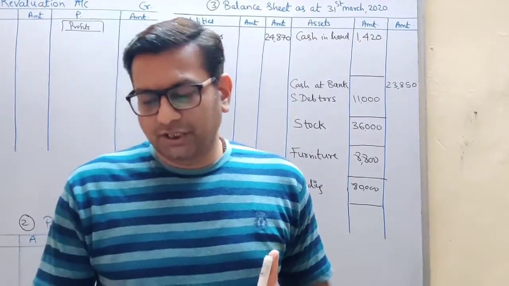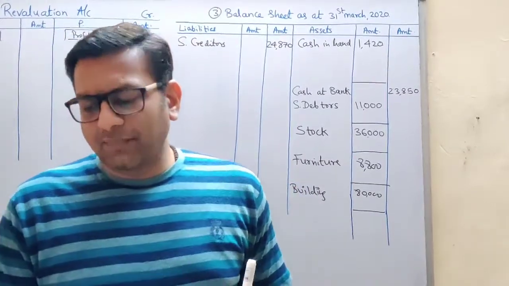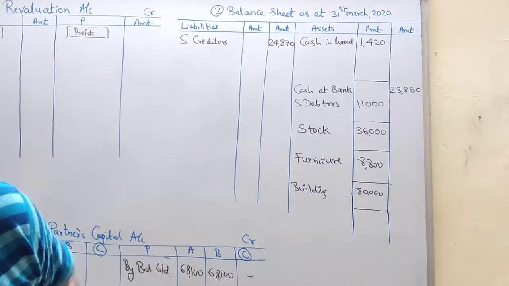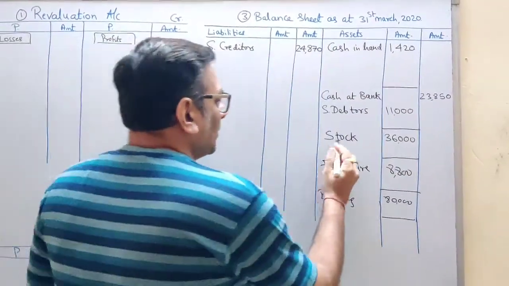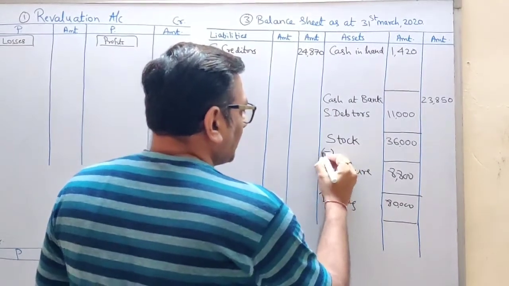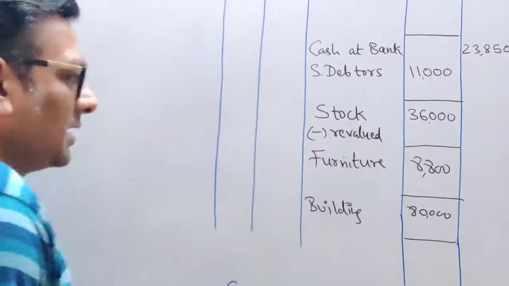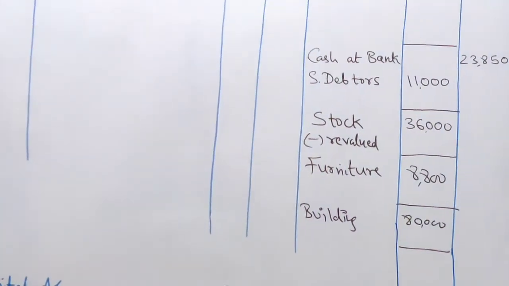Okay, let's start with the first adjustment. Stock and furniture are to be reduced in value by 12.5%. So they are asking us to reduce stock and furniture. So let's reduce our stock. I am writing here revalued. And how much do they want to reduce this? By 12.5%.